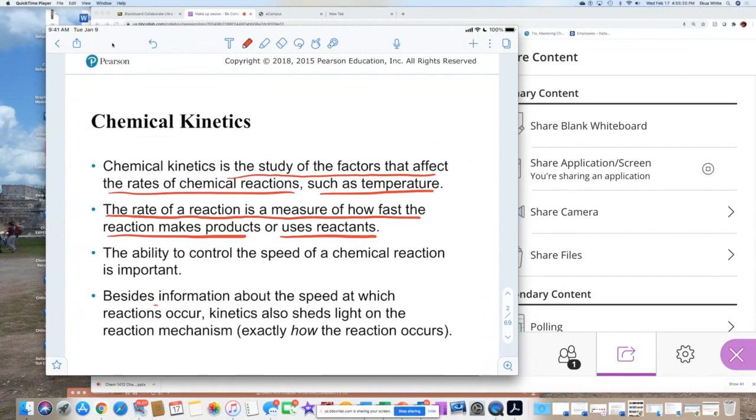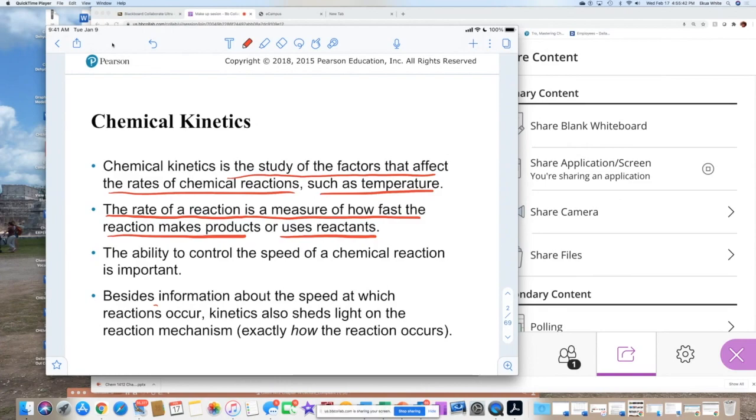You can figure out how fast the reaction makes products, and use that to figure out the rate of the reaction, or you can figure out how fast the reaction uses up reactants, and use that value to figure out the rate of the reaction. Either one will give you the same rate as long as the reaction is the same.